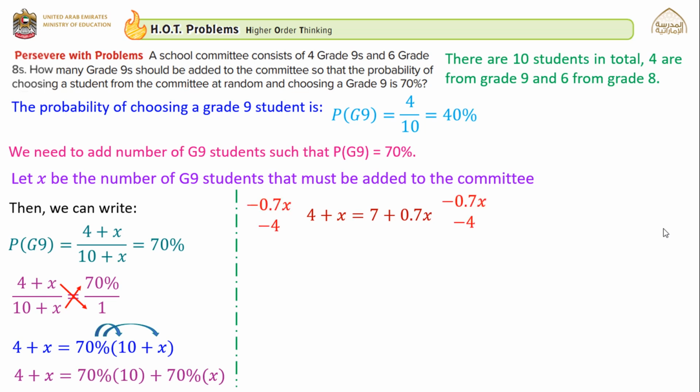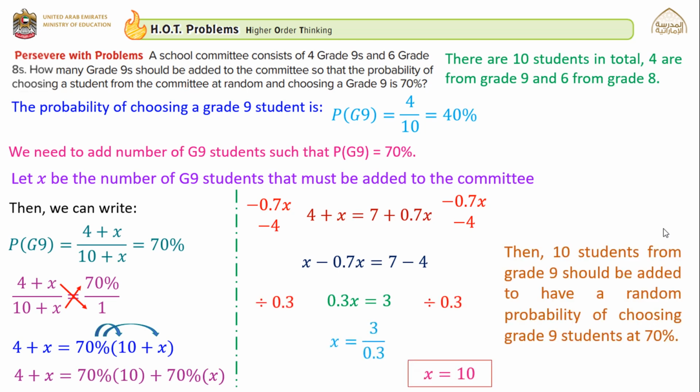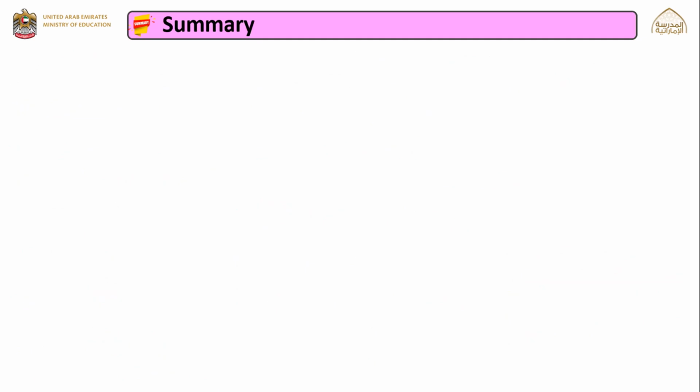We will collect x's together and numbers together. So we get x minus 0.7x equals 7 minus 4. So 0.3x is equal to 3 and x is 10. Then 10 students from grade 9 should be added to have a probability of choosing a grade 9 student of 70%.